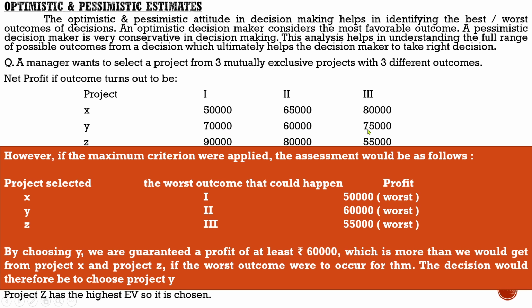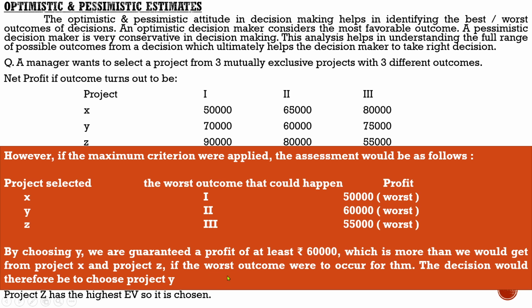See, 70,000, 75,000 and 60,000. Still it is earning 60,000. If you compare that amount with the lowest amounts of the other two projects, you can see that project Y is the best. By choosing Y, we are guaranteed a profit of at least 60,000, even in the worst case scenario, which is more than we could get from project X and project Z.